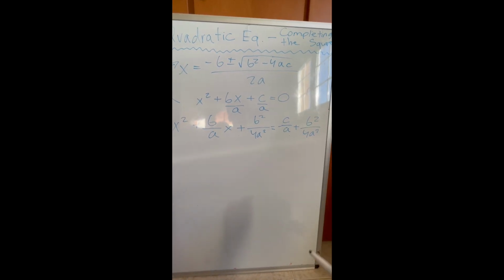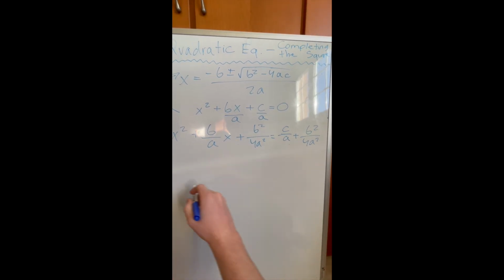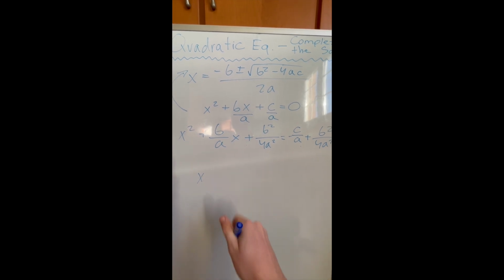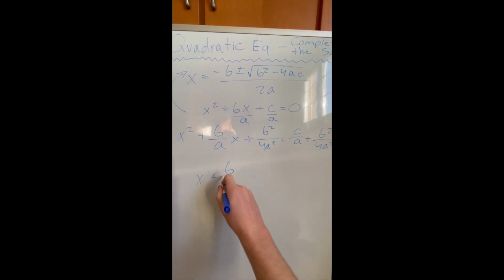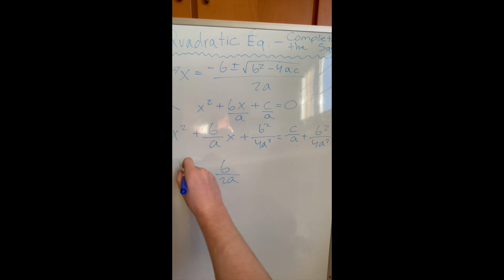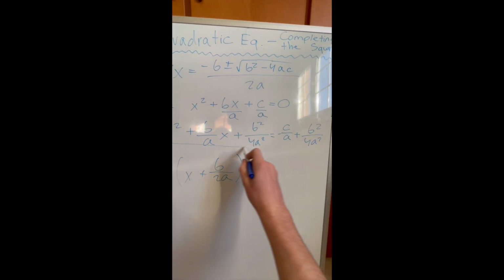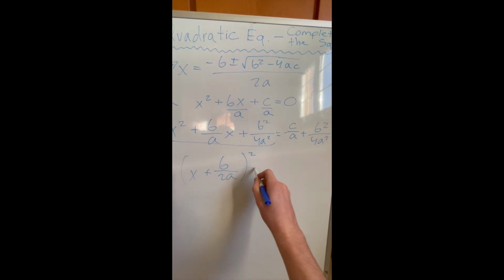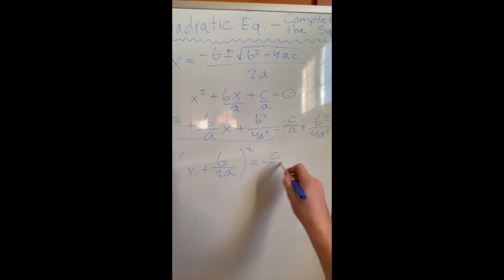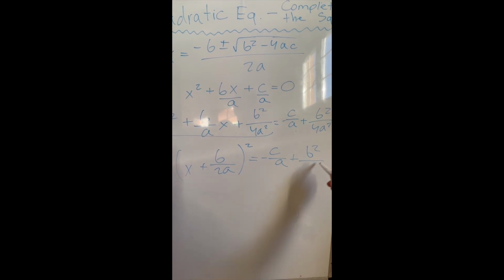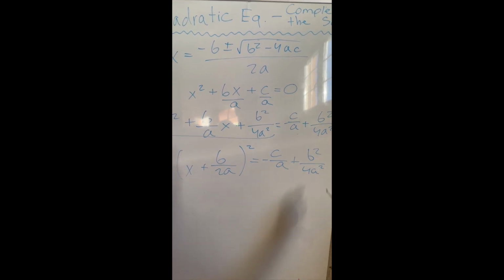So now how do we move on from here? Well, we factorize this side. x plus b over 2a squared is the same thing as this right here. And this is equal to minus c over a plus b squared over 4a squared.